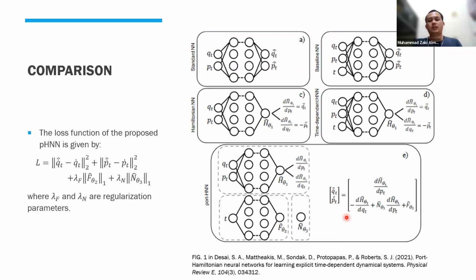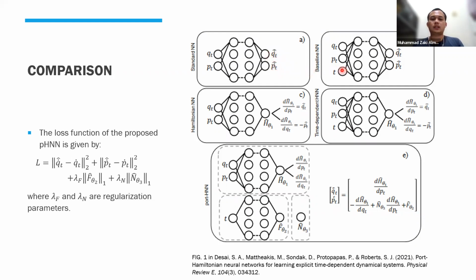What is proposed by the authors here is picture E. We have the standard or baseline neural networks. Basically, the first one at the top, what is being predicted, they directly predict the time derivative of position and momentum.